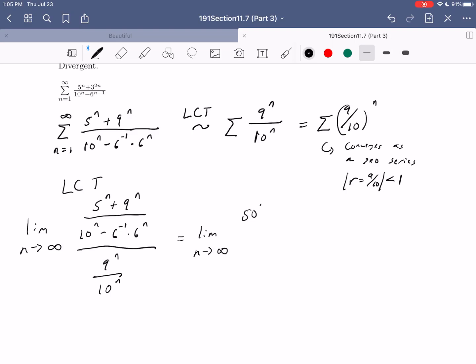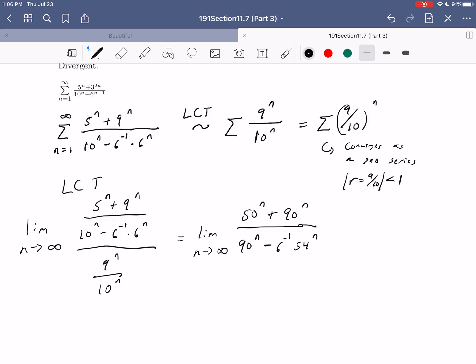Looks like we should get 50 to the n plus 90 to the n. And then when we swing this up there, we're going to get 90 to the n minus, and then looks like 6 to the minus 1. And when we multiply that, that 9 up there, 54, excuse me, 54 to the n.